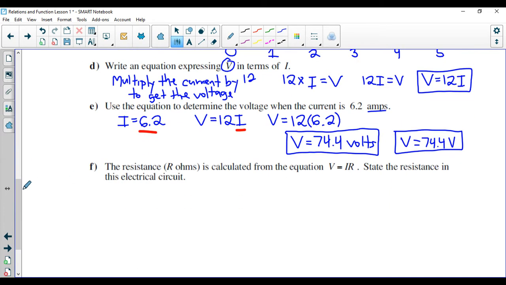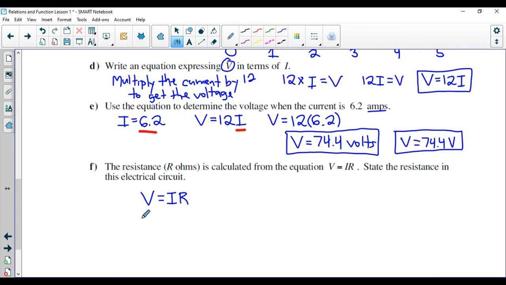Okay, F says the resistance is calculated from the equation V is equal to I times R. So state the resistance in the electrical circuit. Okay, this is actually pretty easy to identify. So we have V is equal to IR.